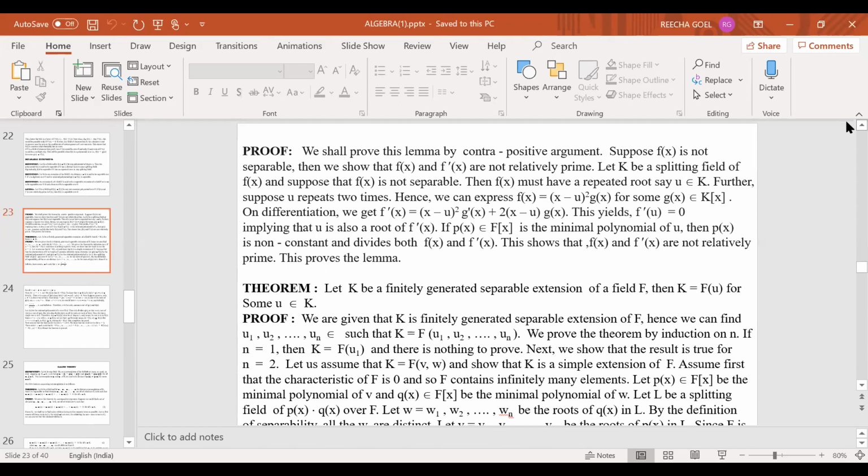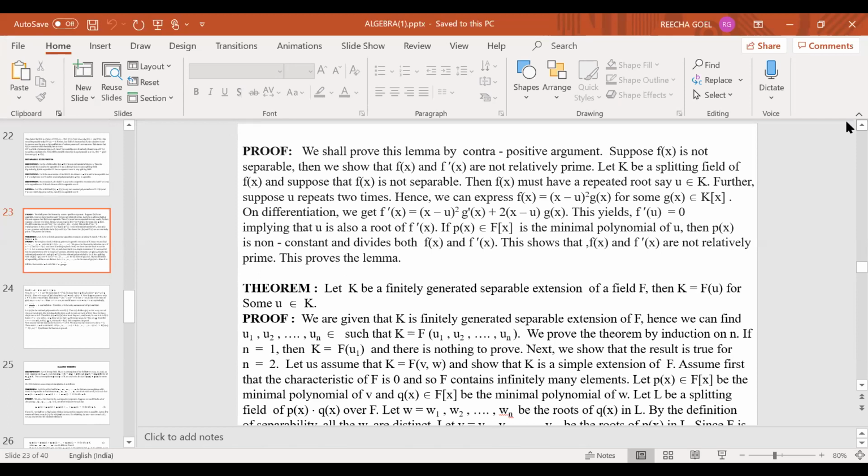We have already seen that any finite extension is always a simple extension. That is an extension which is obtained by adjoining a single element to the given field. So we have a similar theorem for separable extensions also. It says: let K be a finitely generated separable extension of F. Finitely generated means it is generated by finitely many elements.